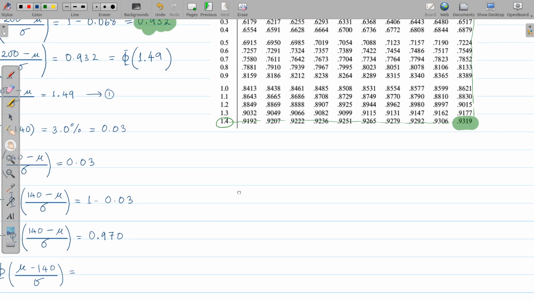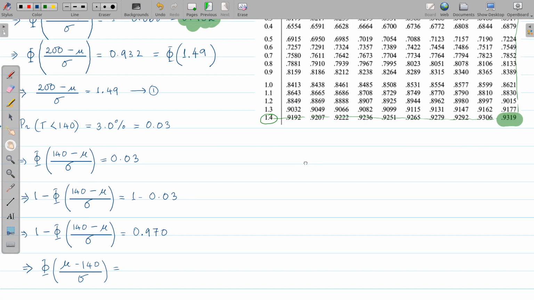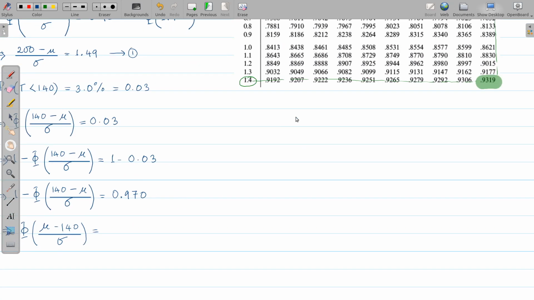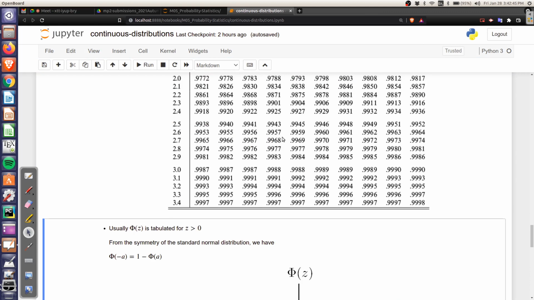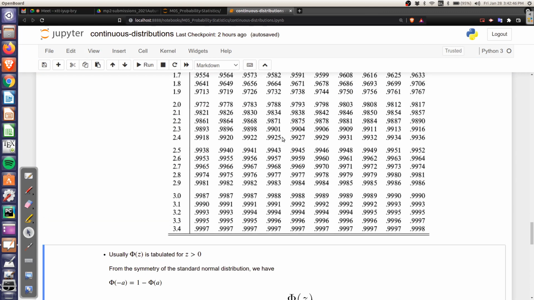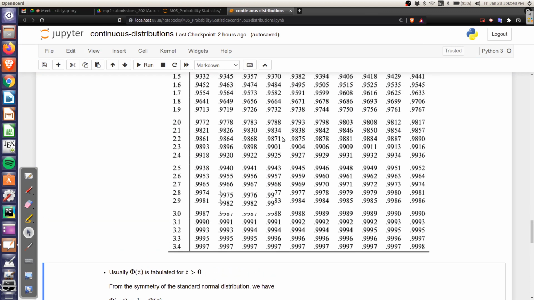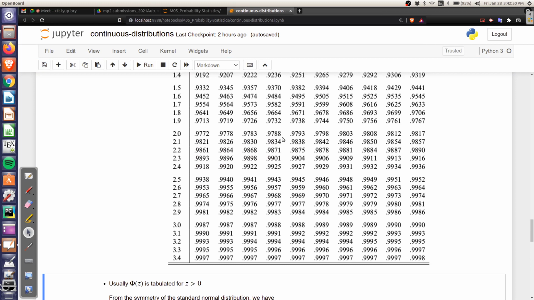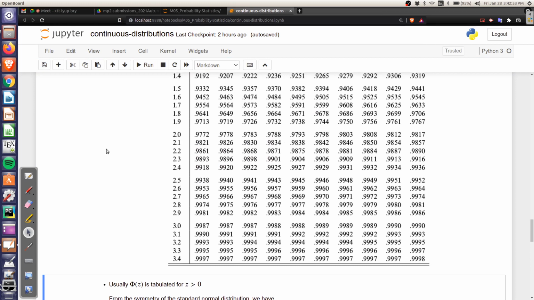Now let's find 0.970. Not here. Somewhere here.